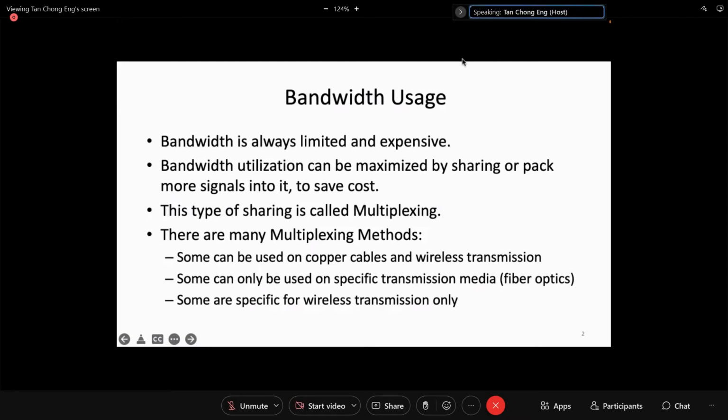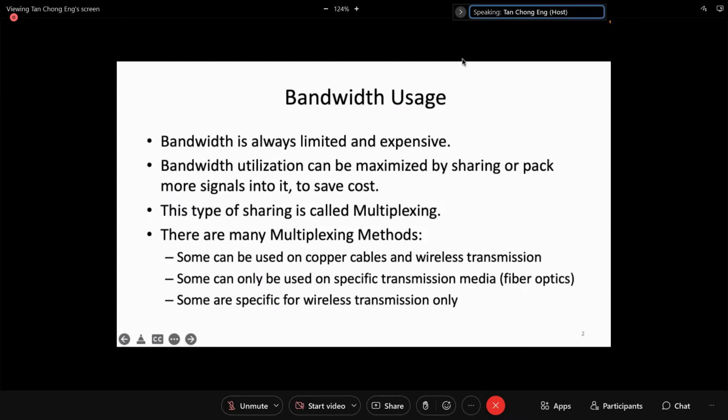All right. So let's talk about the general usage of the bandwidth itself. What is bandwidth here? Bandwidth is how much data you can send over a transmission channel, and there are a lot of factors.